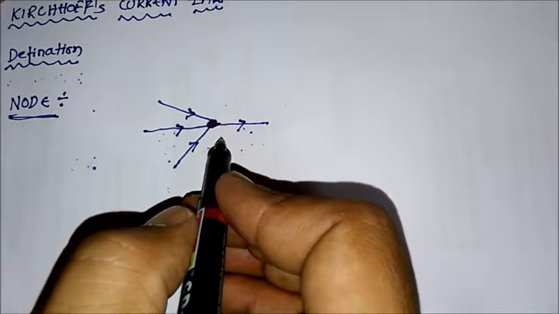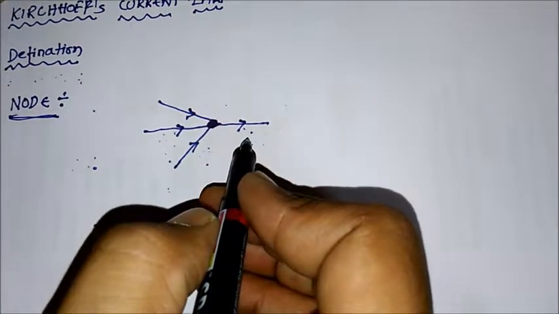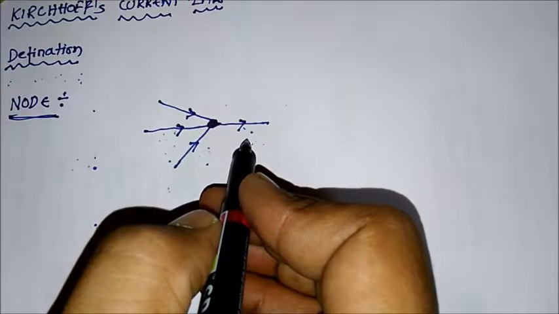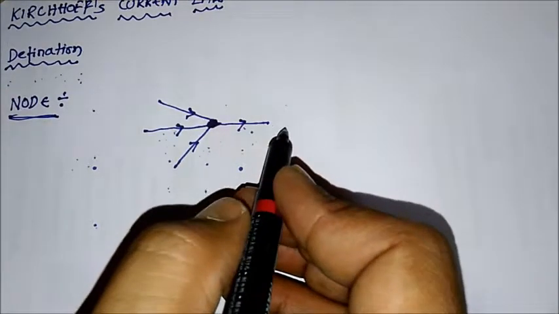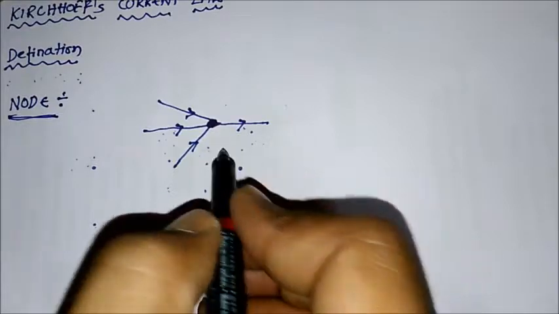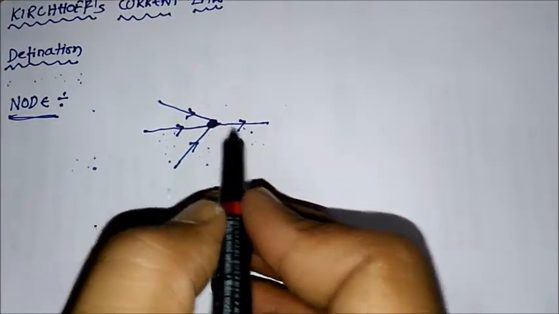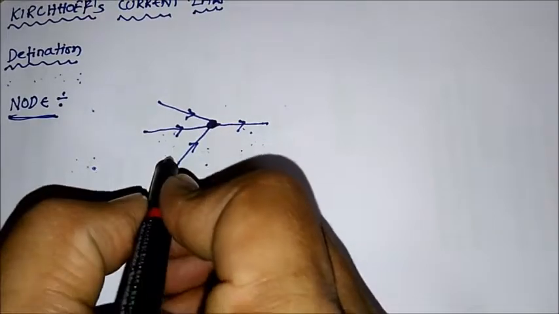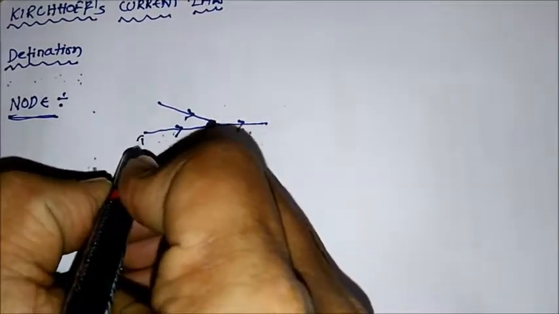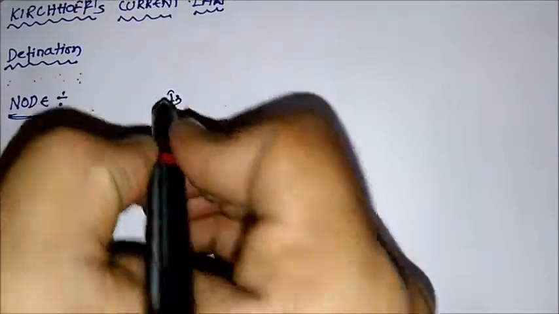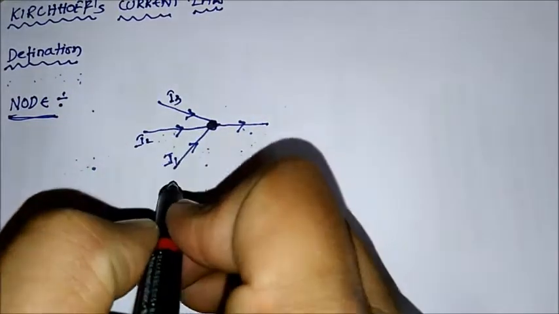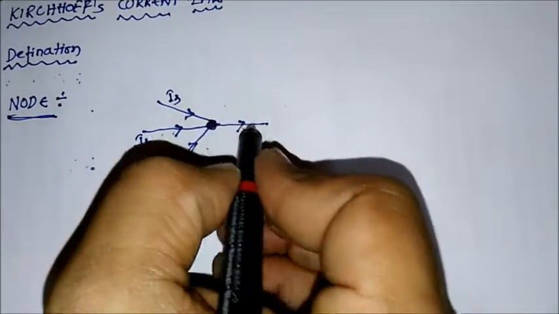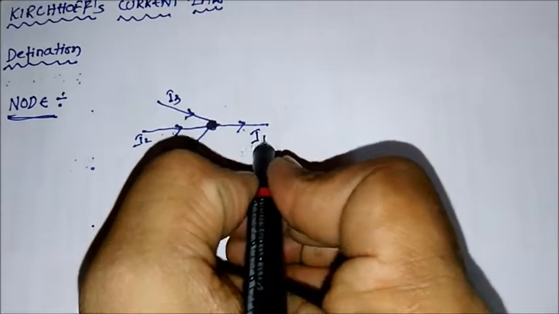Now coming back to Kirchhoff's law, what it states is that the sum of the currents entering any node is equal to the sum of the currents leaving that node. If you see this example, I have three currents, I1, I2 and I3, which are entering this node, and this should be equal to IT.